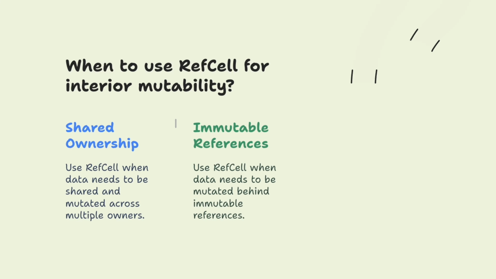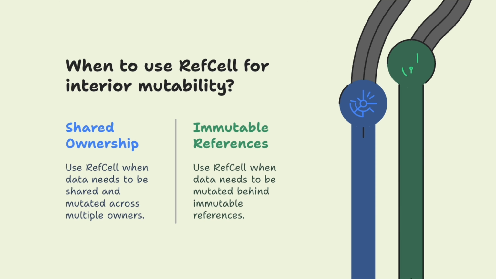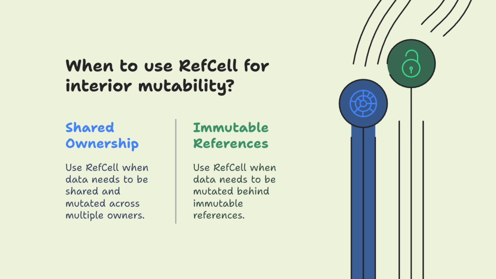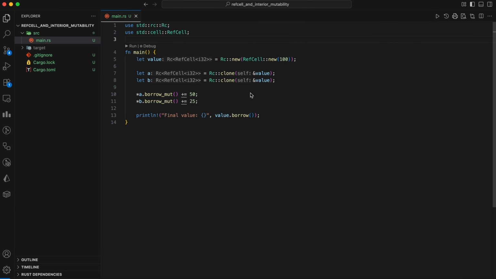Now, where is this actually useful? A really common case is when you're working with structs that need to be shared and mutated across multiple owners. For example, if you combine Rc, reference counting, with RefCell, you get shared ownership and interior mutability at the same time. Let me show you. Here, we've got an Rc wrapping a RefCell that holds the number 100.